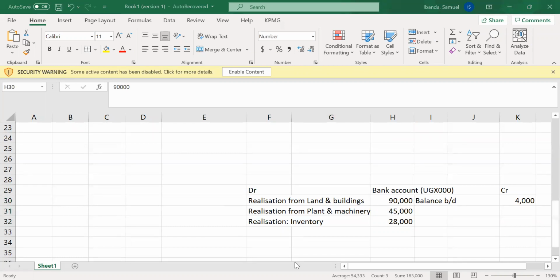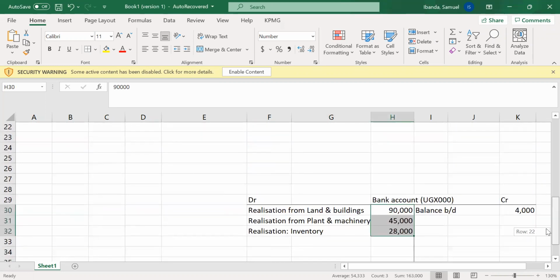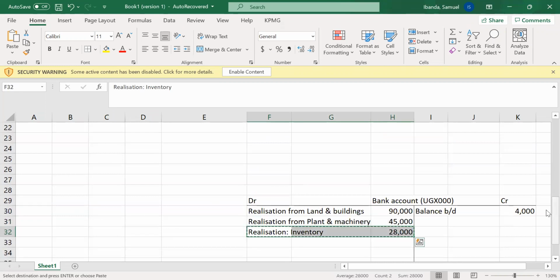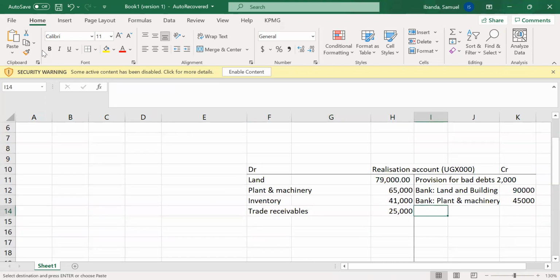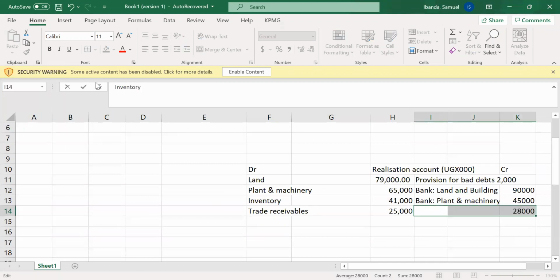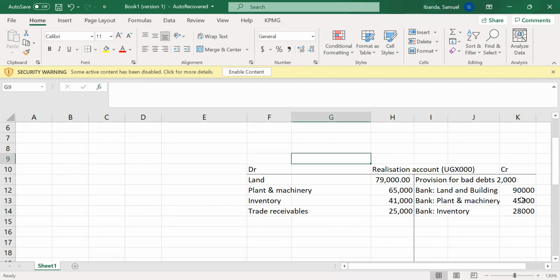Now, let's see if I put this one here up. I need to take this as well. So that is what we basically do have for our assets. Now, after we have done that, we now look at other aspects that we are going to recognize in the realization account.